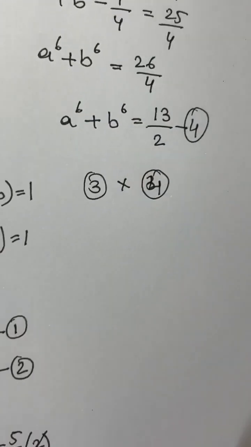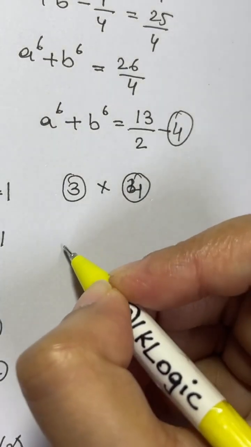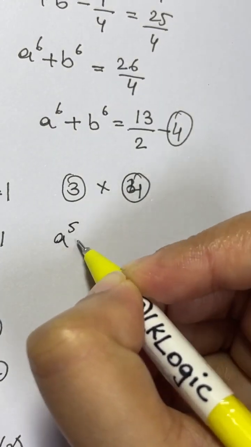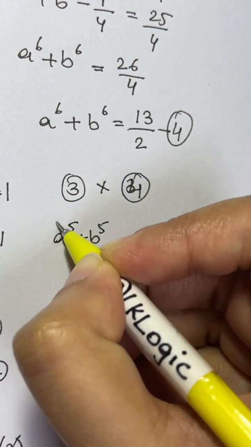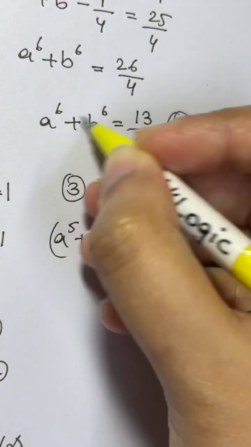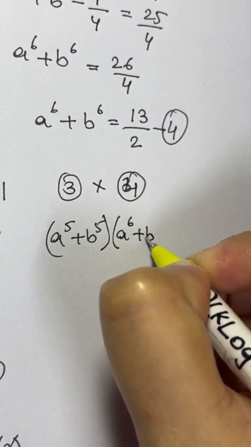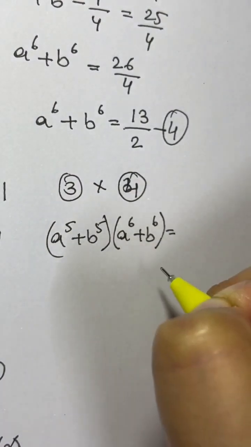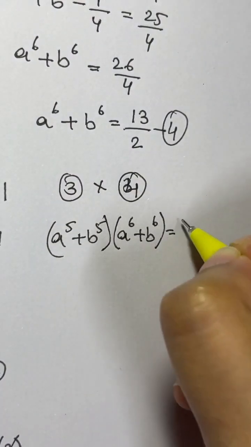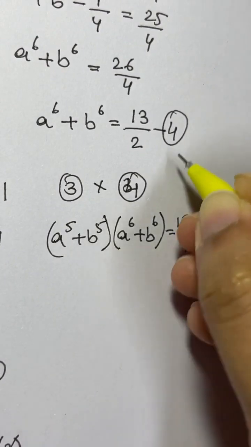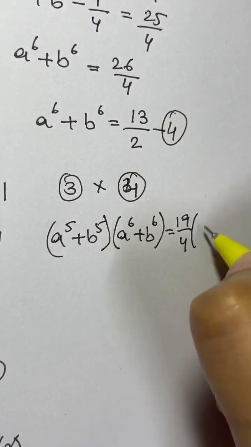So we're going to write that a to the power of 5 plus b to the power of 5 times equation 4, a to the power of 6 plus b to the power of 6 is equal to, that was 19 fourths times 13 and half.